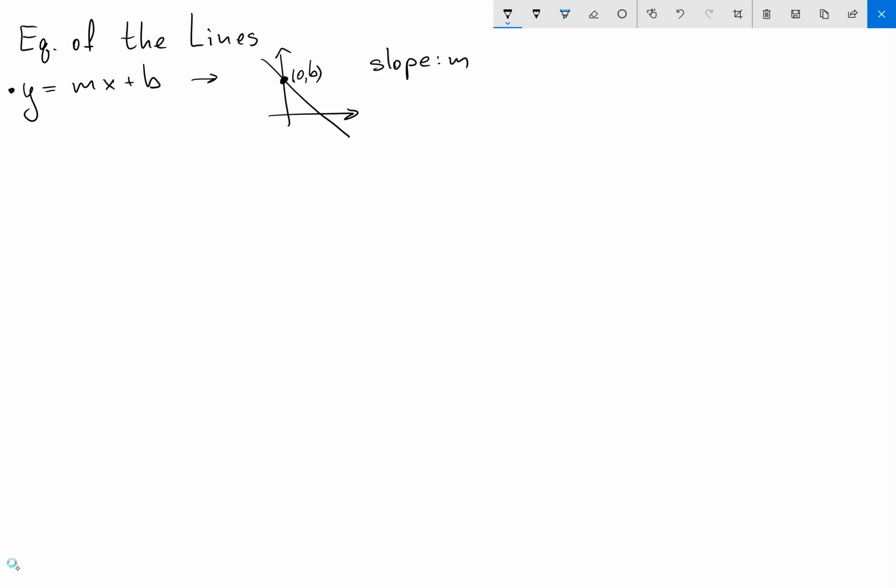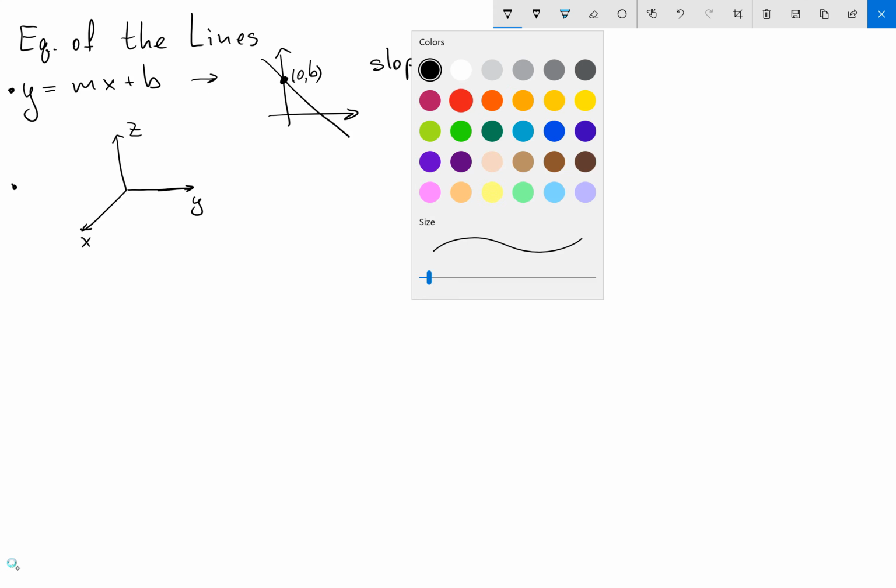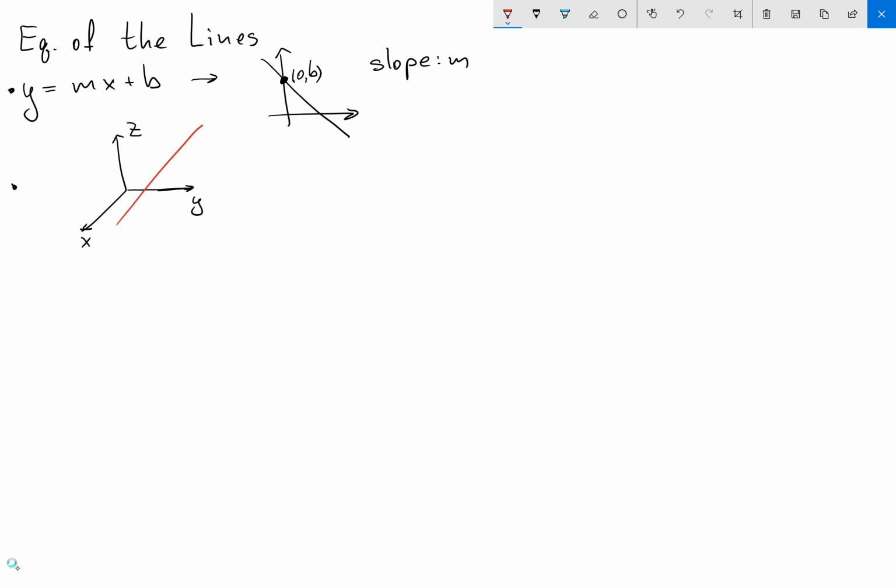But the problem is, because multivariable calculus talks about more than two-dimensional space, it talks about three-dimensional space. And in three-dimensional space, we also can have a line. So how are we going to describe the line? Because we can see that in a plane, another form in which we can write our line is ax plus by equals c.